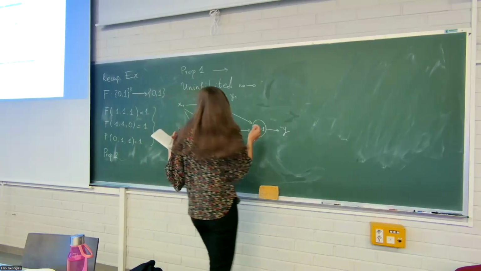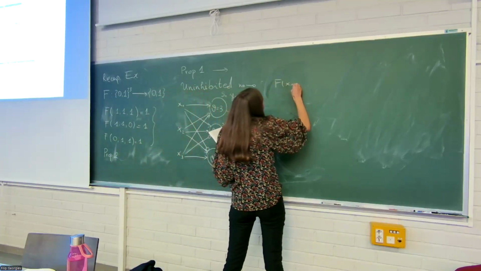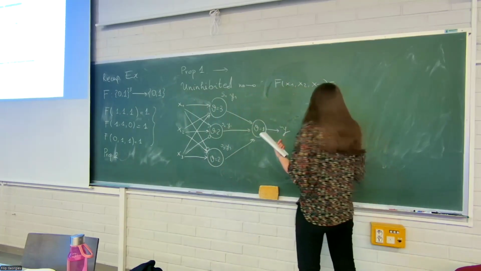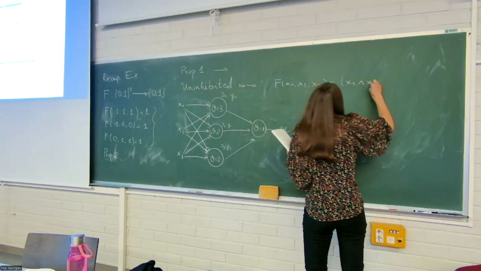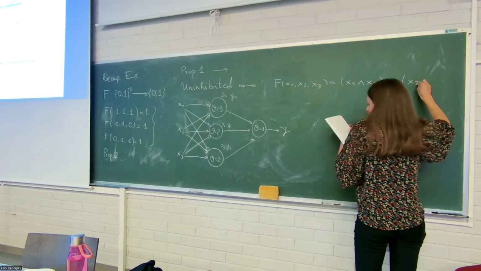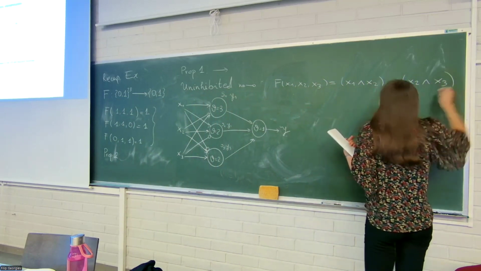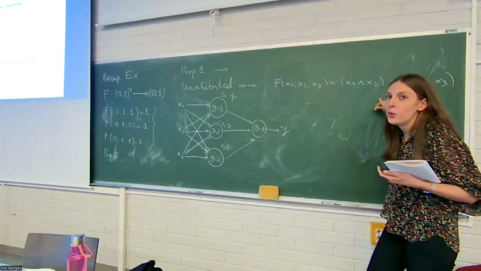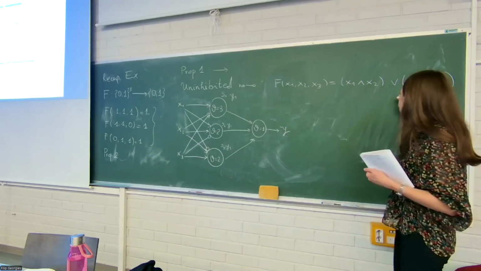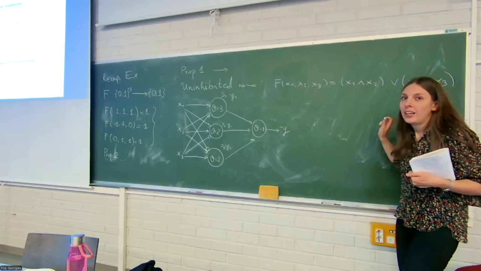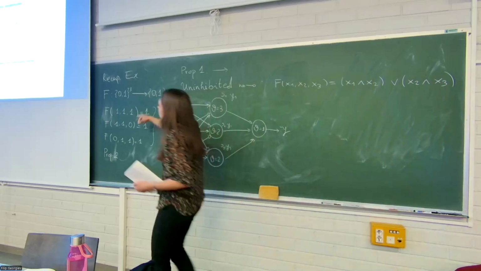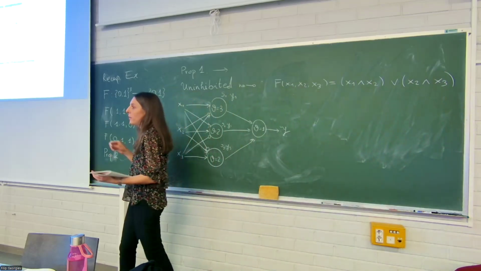So intuitively it seems to me that f of x1, x2, x3 is x1 and x2, or x2 and x3. To verify that this is true, you should write the truth table for all this and make sure. If you write the truth table, it's true. But the idea is really that these two and these two, put them in order.